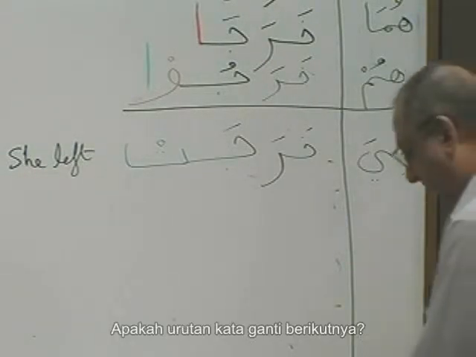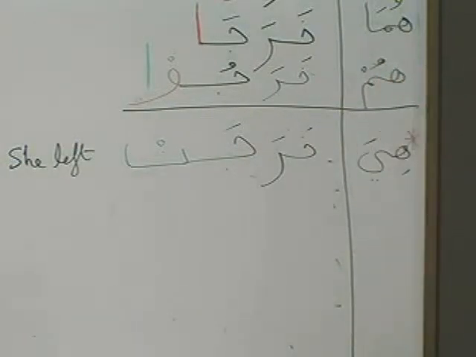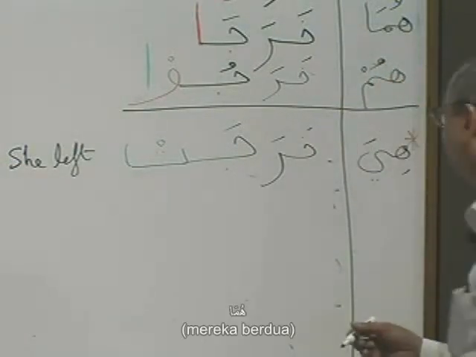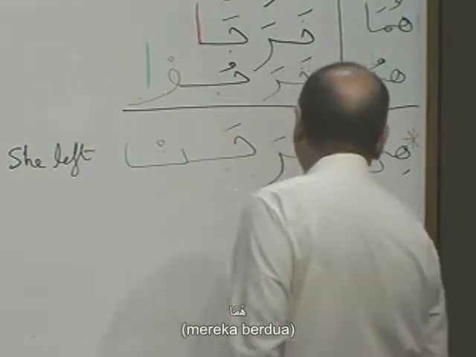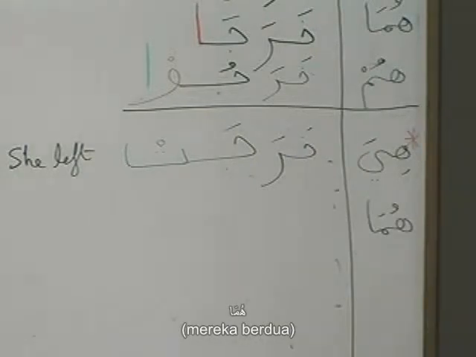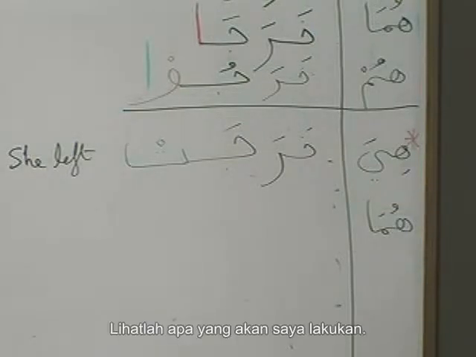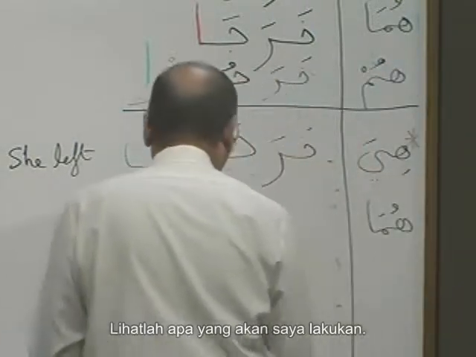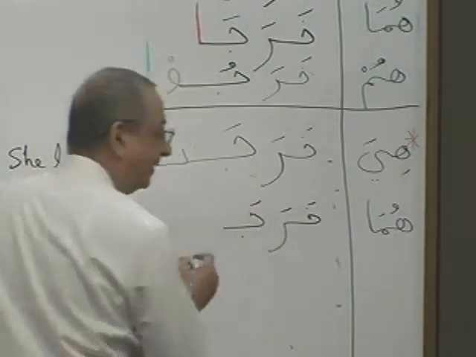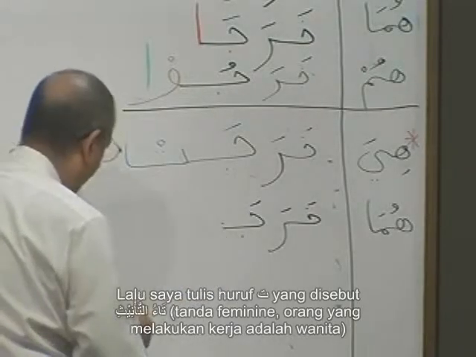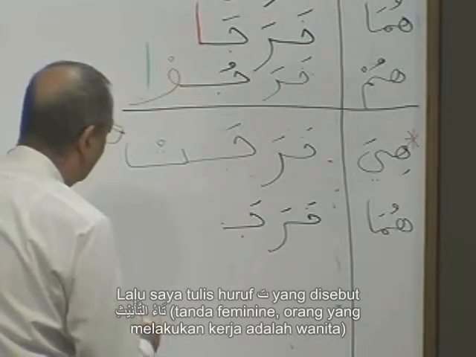Okay, inshallah. Now, what is the next in sequence, brother? Huma. Okay. Huma. Fine. Look at here what I'm doing, brother. Kharaja. Then I'll put ta, tau tanisi.